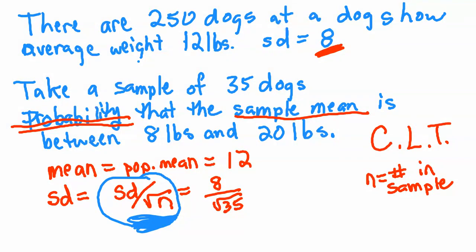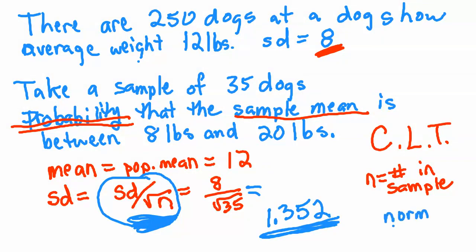Okay, but so far, this is what I have. So I'm going to use my calculator here. And I get 1.352. I like to go 3 or 4 places. Okay, so now I'm going to go to the normal calculator.